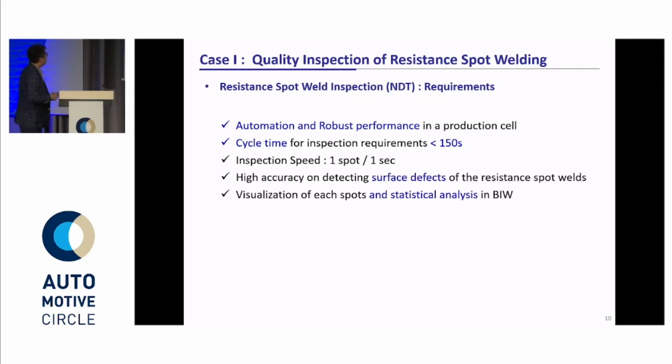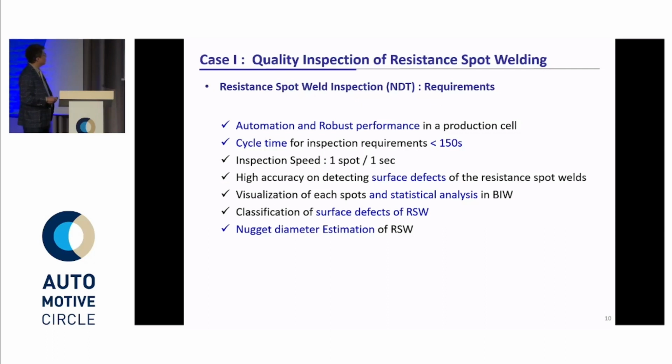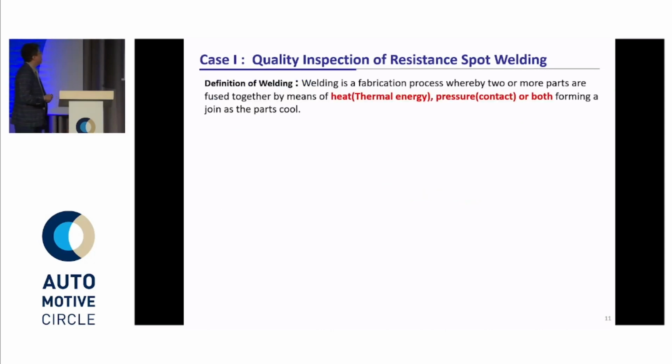And secondly, very high accuracy in detecting the surface defects, and the requirement was also visualization of each spot and statistical analysis of the joint quality here. And classification of the surface defects of resistance spot welding, and also internal quality, which is nugget diameter estimation of resistance spot welding, was also required for this development.